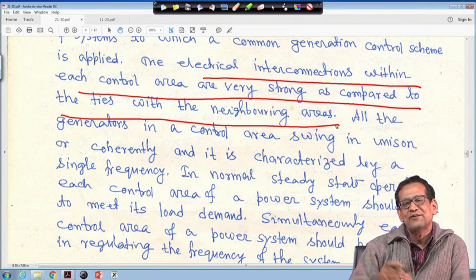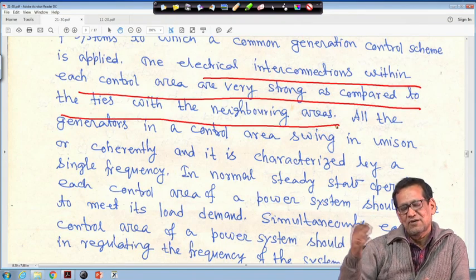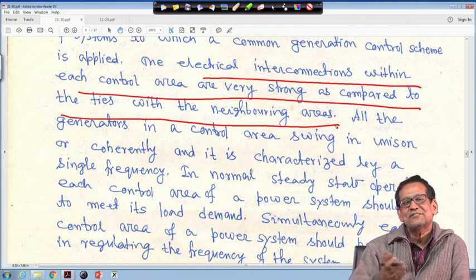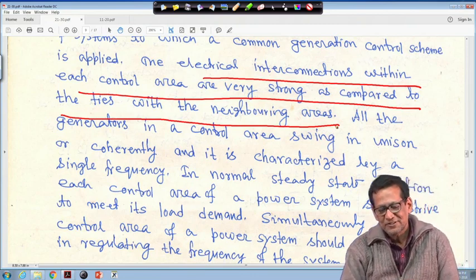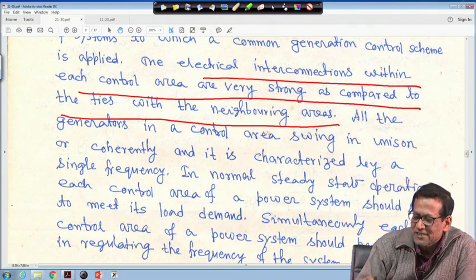These two power systems are interconnected by tie lines, which are 3-phase transmission lines, through which power is exchanged from one control area to the other based on several criteria. That is why the ties are weak compared to the interconnections within an area.